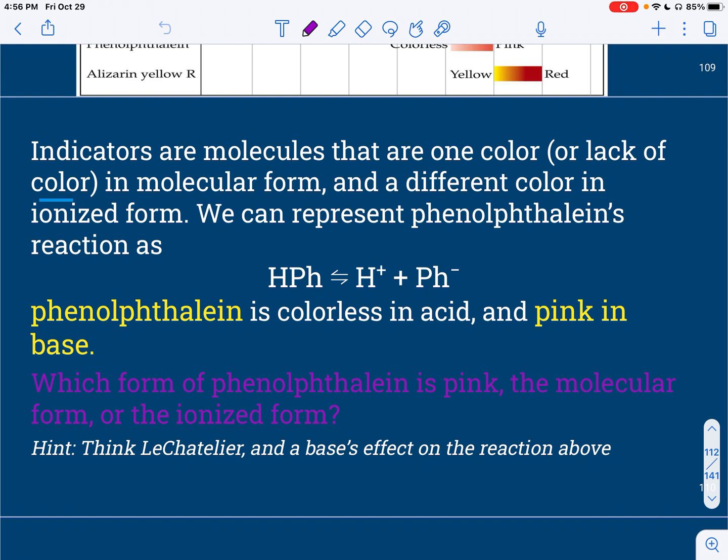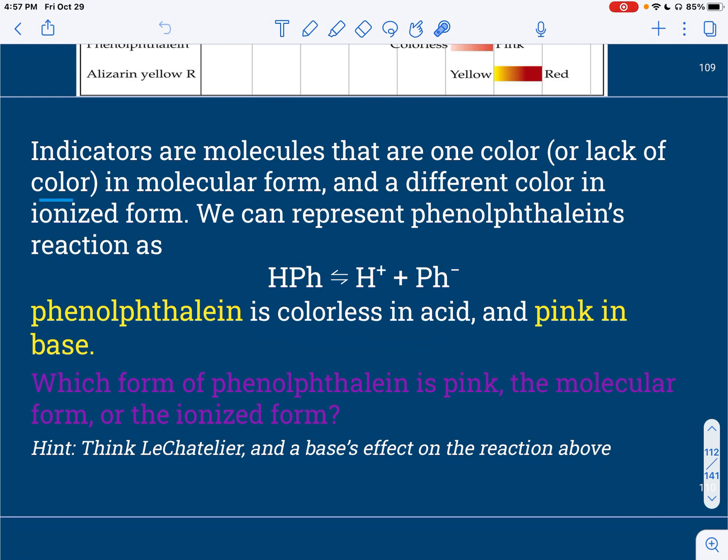Phenolphthalein is one of the most widely used indicators for titration. So this is usually how phenolphthalein is represented. It's HPhph, and then H plus and Phph minus. Okay, so this is its molecular form and then its ionized form.